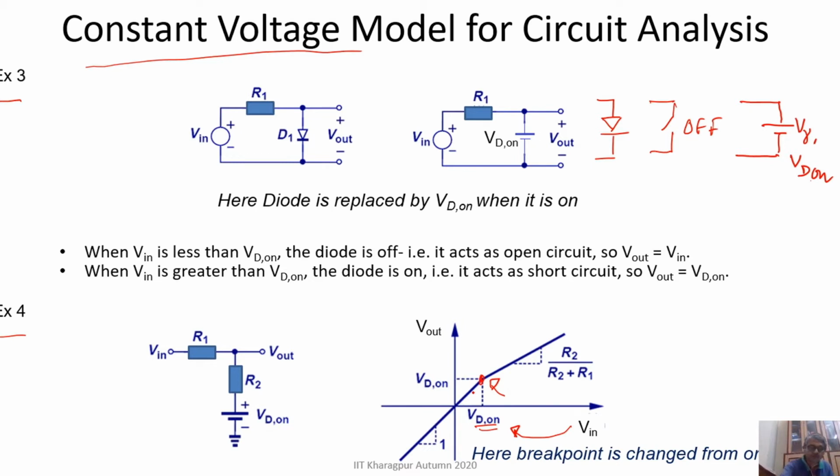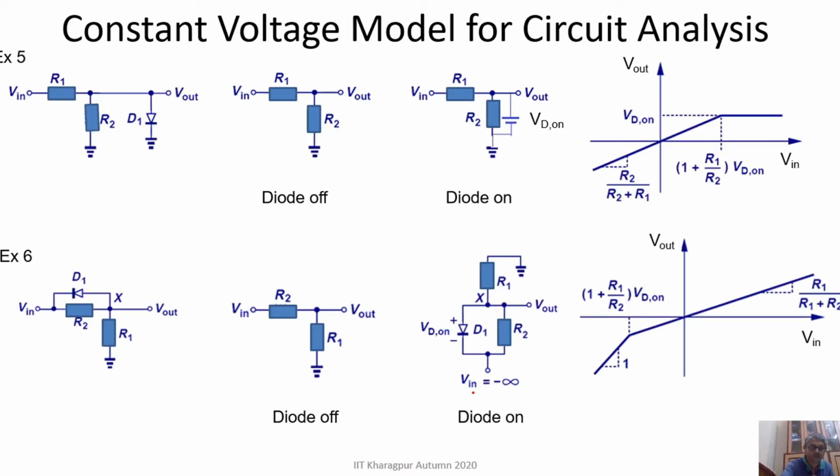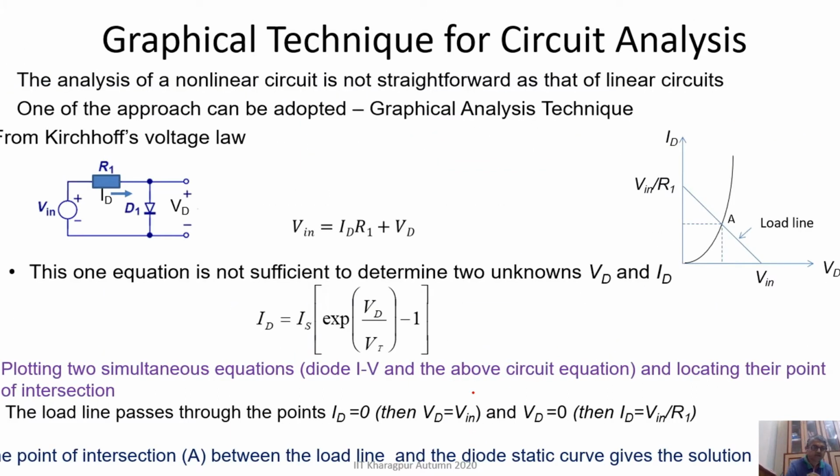Now we have also mentioned that we can use a graphical technique to find the solution of a diode circuit, and we have taken the help of the load line, that is nothing but the KVL equation in the loop mentioned, drawn on the left hand side.